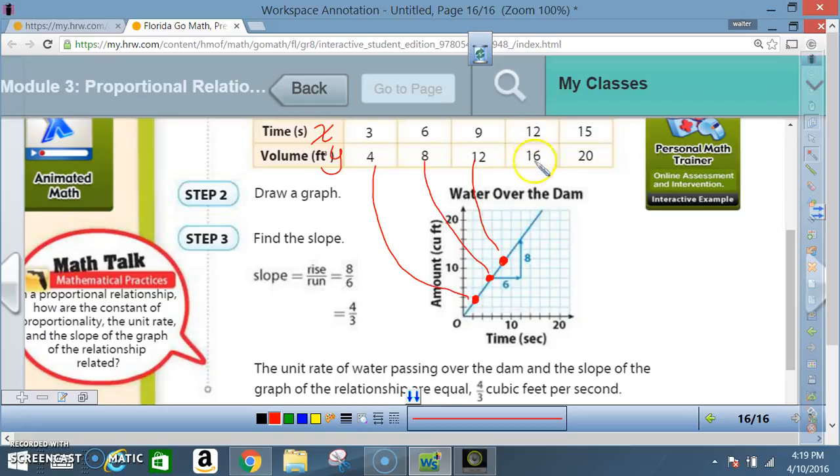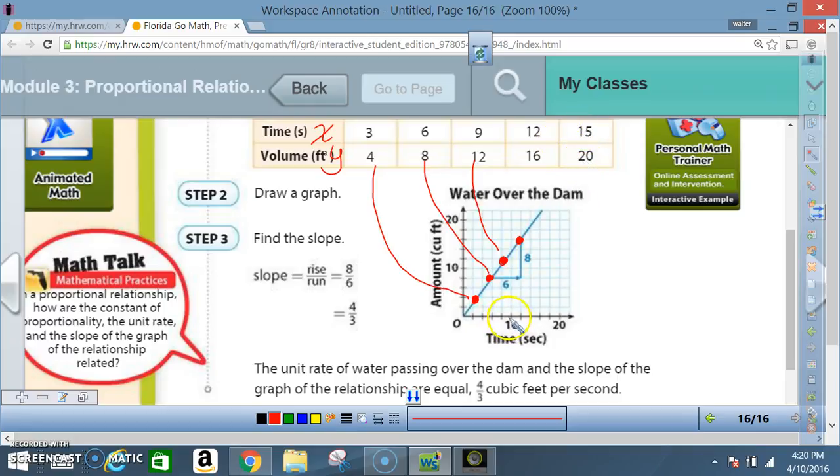Next, we got 12 and 16. X is 12, y is 16. So 10, 12. We go up, and there is 16 right there. All right, so that's 10, 12, 14, 16. 12 and 16. All right, last but not least, we got x is 15 and y is 20.